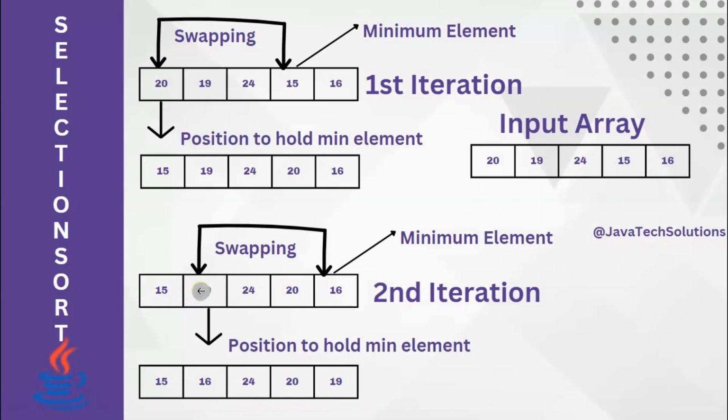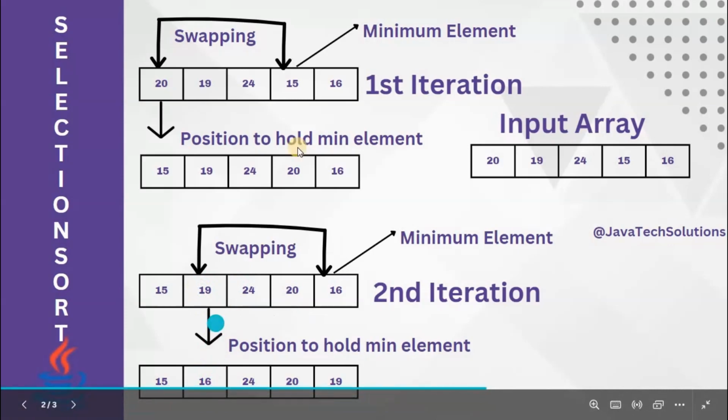Then we find the second minimum element from the unsorted array. Now we can see that 16 is the second minimum element. We swap 16 and 19, and it will look something like this, right?